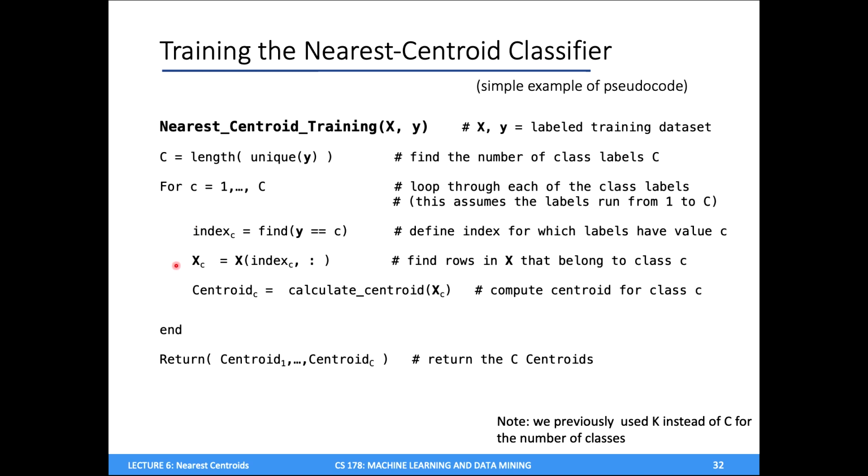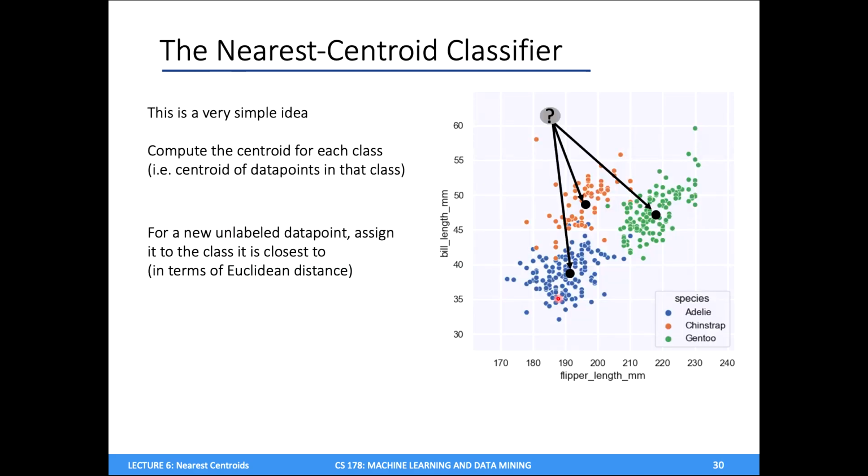So maybe I get all of my data points corresponding to my Gen 2 penguins. Then I calculate the centroid for all of those penguins, which you can do using the formula I showed a few slides ago. And that's it. We do this for every one of our different classes, and just return that list of centroids that we compute. So again, all we're doing is computing these black dots on a per-class basis here.